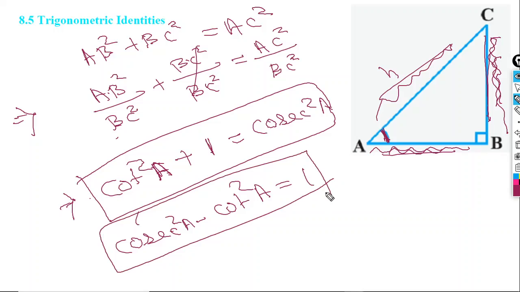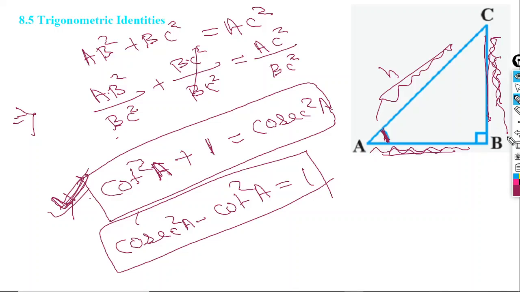Whichever you want to recall, you can remember. I will recommend you remember this one only, so that you can derive other identities from it. So these are the three identities.